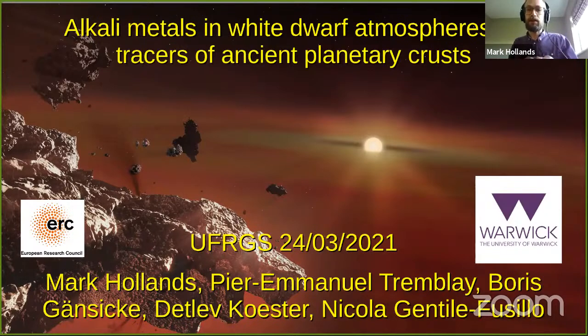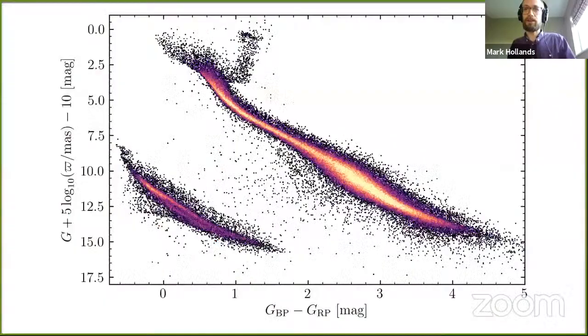Any good white dwarf talk will always start with a Hertzsprung-Russell diagram, and this is one that I decided to show you today. We have the GBP minus RP axis, which essentially corresponds to temperature, so hotter objects to the left and cooler objects to the right. The y-axis is the absolute G magnitude, so brighter objects to the top and fainter to the bottom.